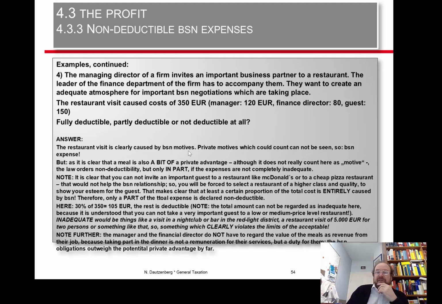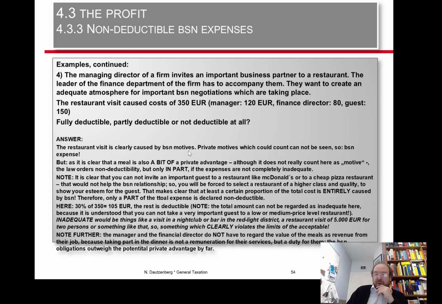The managing director of a firm invites an important business partner to a restaurant. They go and eat nicely. 3 persons, financial director, managing director, and the guest, €350. Manager 120, finance director 80, guest 150. Is that fully deductible, partly deductible, or not deductible at all?